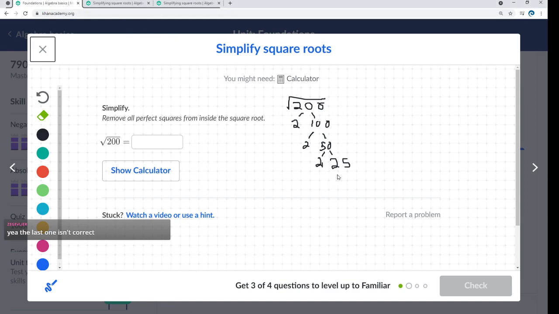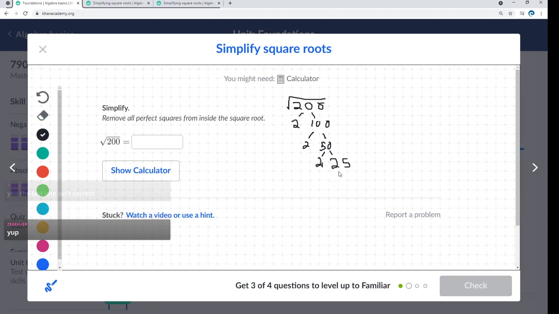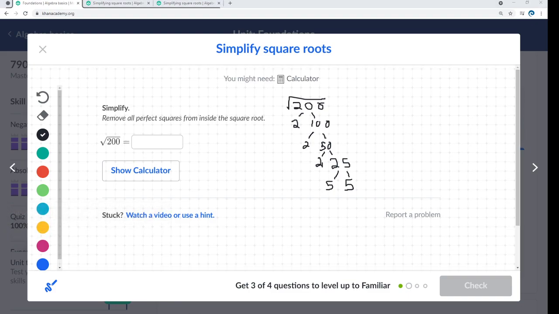It's the same one that we did last time. I don't know why I forgot it already. Because that's what is left over, because 25 doesn't divide into 4, doesn't divide into 3. So it's got to be 5.